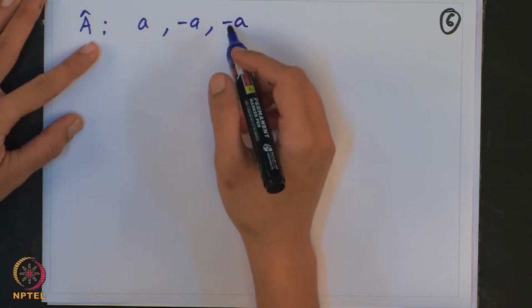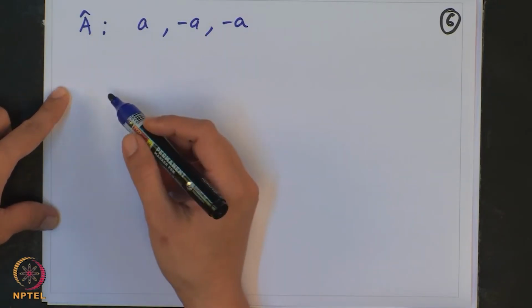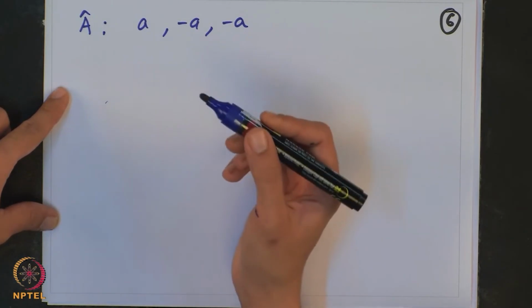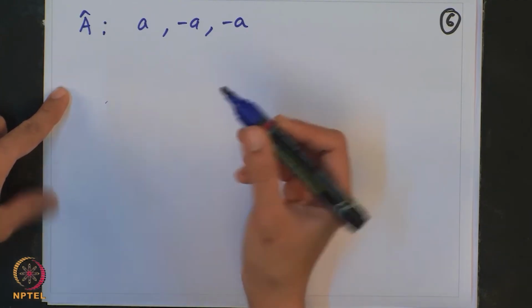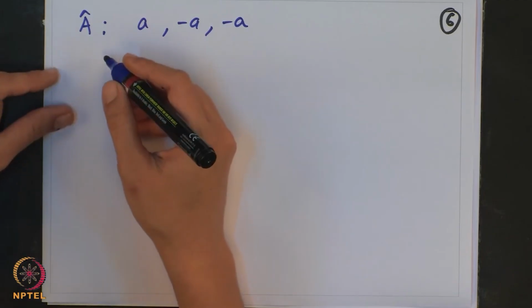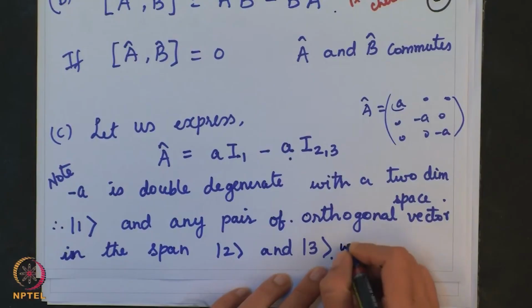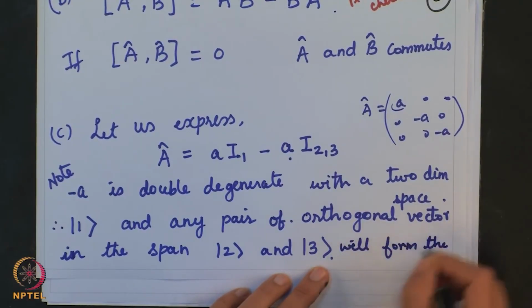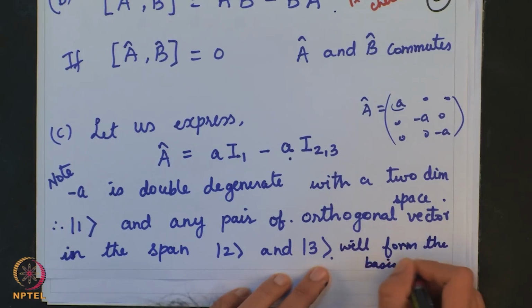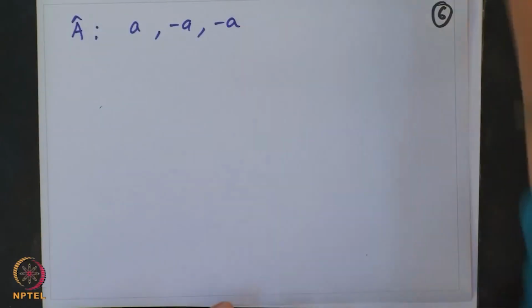This is what we have, and in the previous part I said that ket 1 and any pair of orthogonal vectors in the span of 2 and 3 will form the basis of A. Okay.